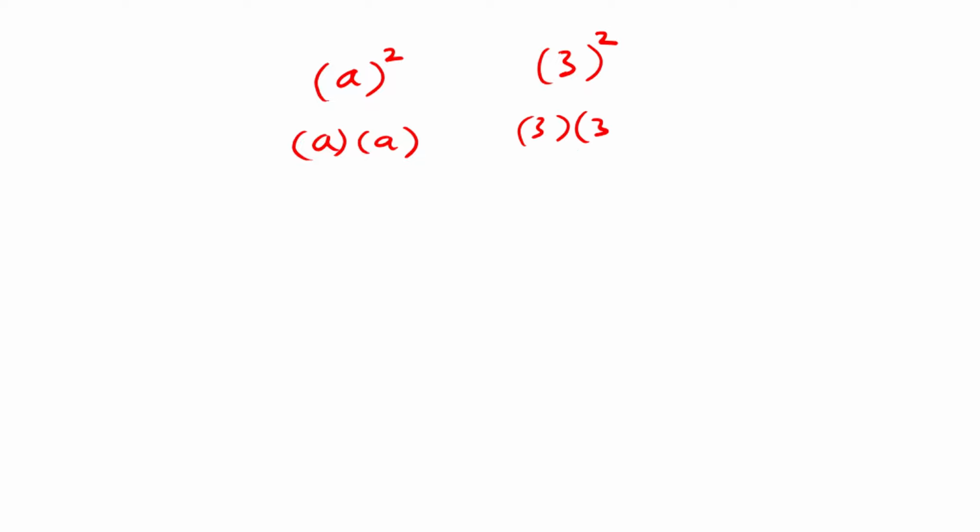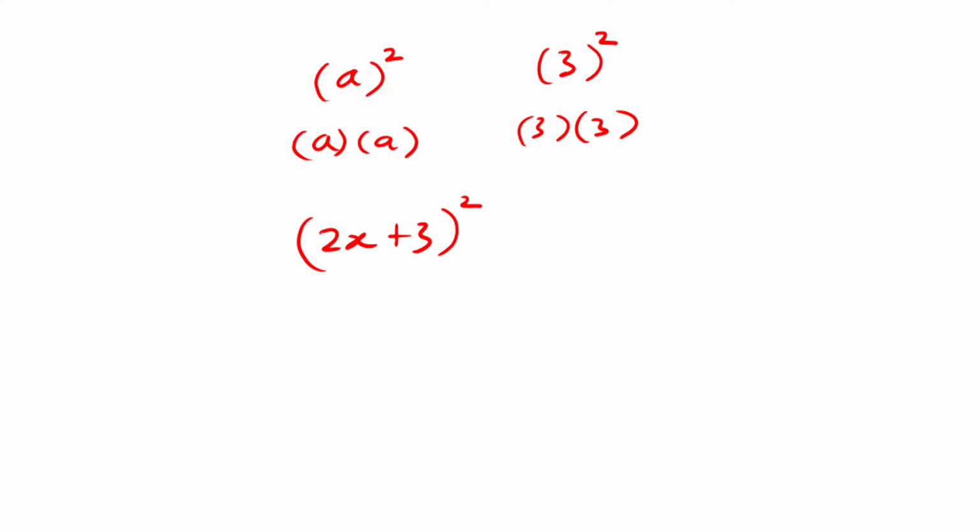First of all, if I have a squared, it is a times a, isn't it? Strictly speaking, if I have 3 squared, it's actually 3 and 3 multiplying itself.